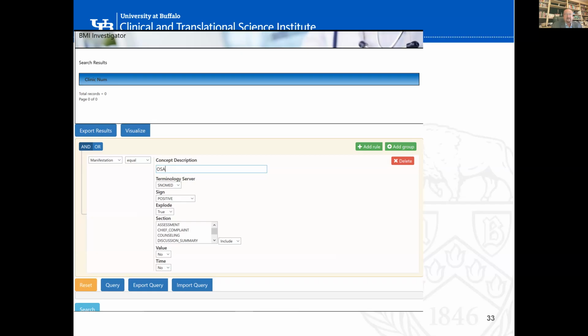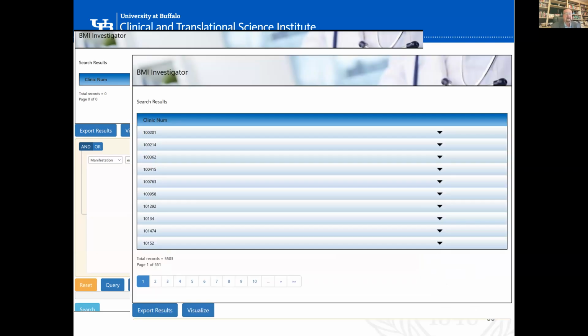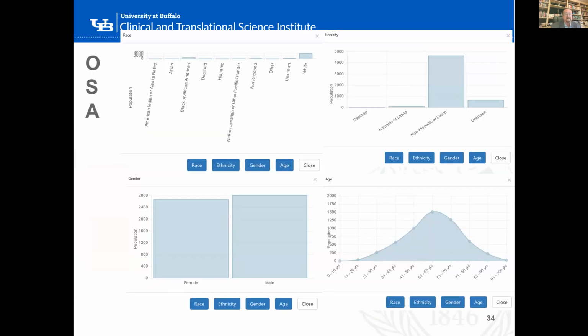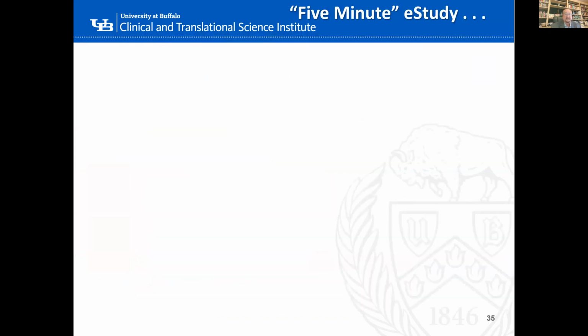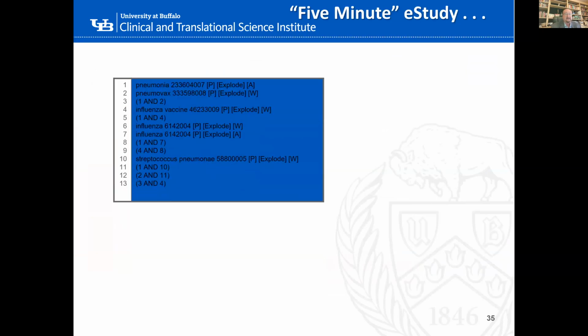And so what I did was we looked in the database and saw if it was true. And we were able to get the information in about 5 minutes, and it gives us immediately a breakdown of race, ethnicity, gender, and age. And it came up with the fact that, yeah, it turns out it was 3.4 times more likely.